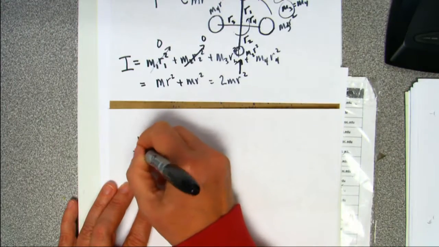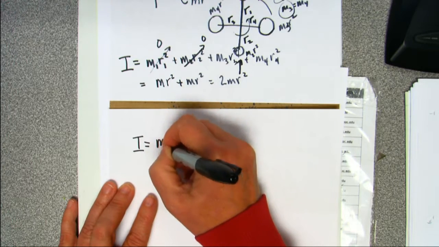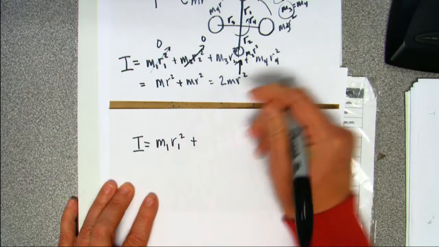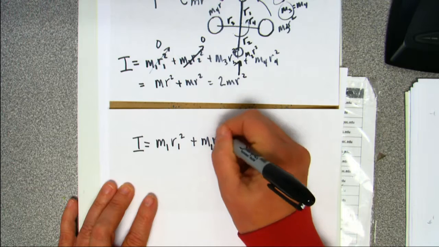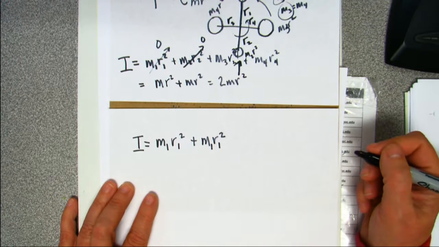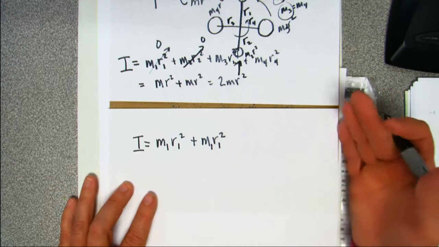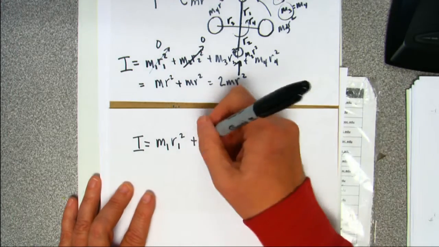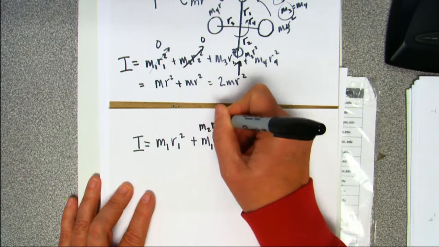So now I is going to be equal to M1 R1 squared. The second mass is M1 R1 squared. And for those of you who use Chegg, I don't mind you using Chegg, you just have to understand what you're getting when you use Chegg. This is really M2 R2 squared.